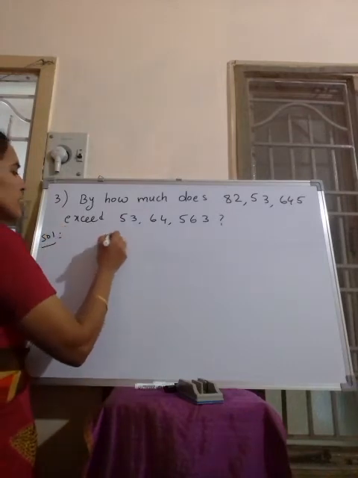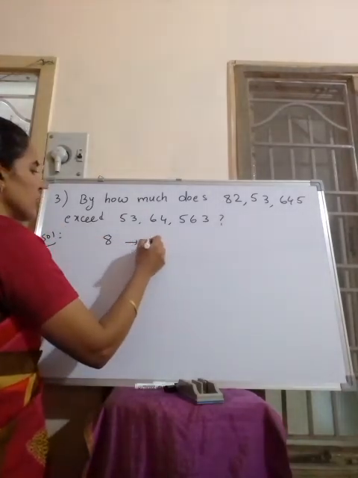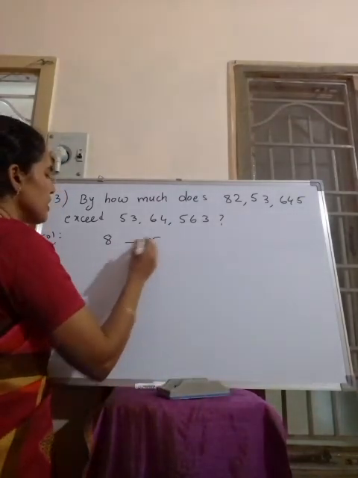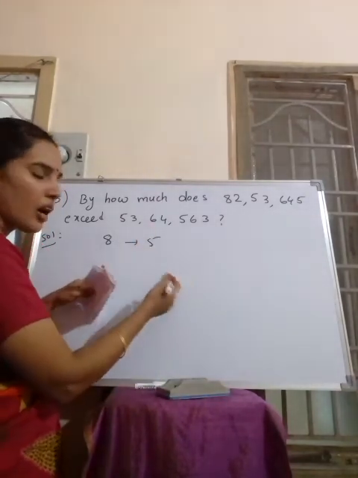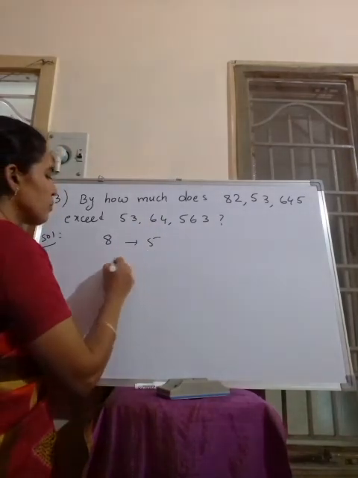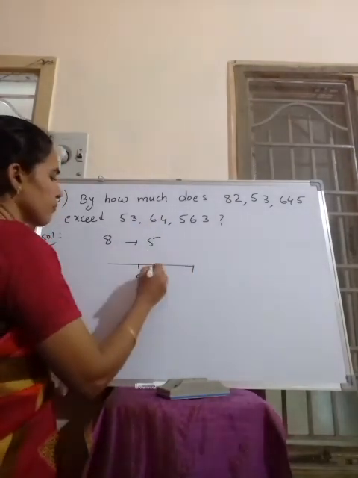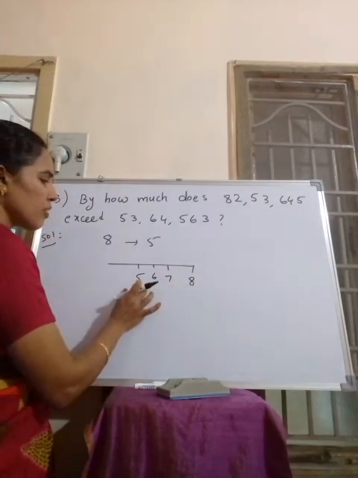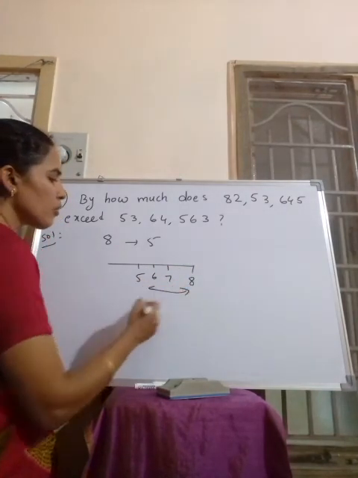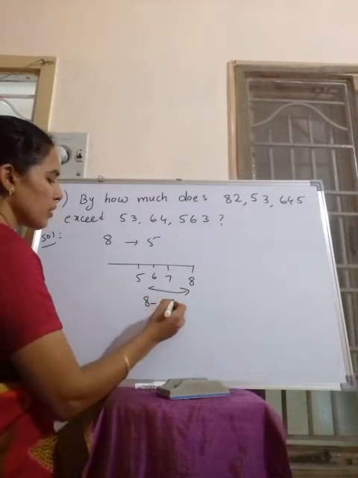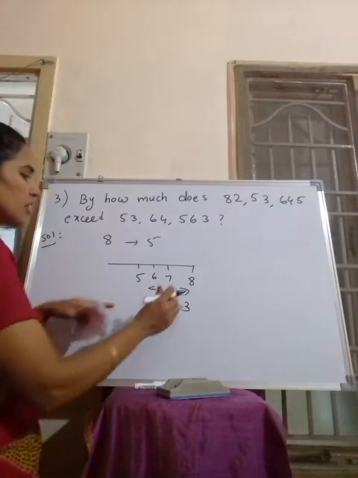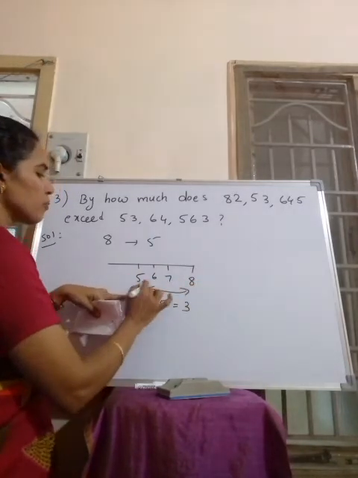We know 8 is exceeding 5. 8 is more than 5, 8 is the bigger number than 5. How much more means, what we have to do? We will do subtraction. 8 minus 5, the difference. How much more? 8 minus 5 is 3. That is, 8 is more than 5 by 3.